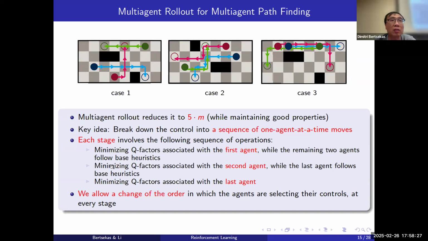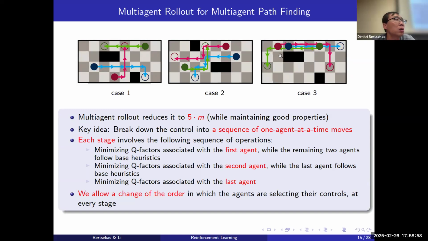And it could matter in particular cases, like in this case 3. You can see that by following their base heuristic, agent 1 goes all the way to here, and agent 2 and 3 go all the way, so they share this corridor. If they blindly follow their base heuristic, they're going to get into collision. But from our point of view, it's obvious that this one, by moving downwards first, can avoid it.